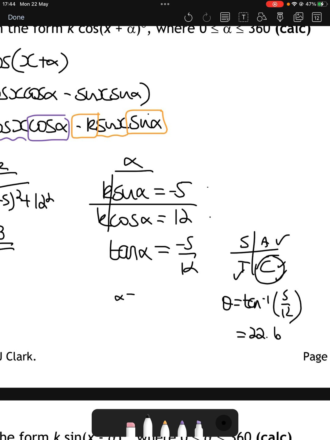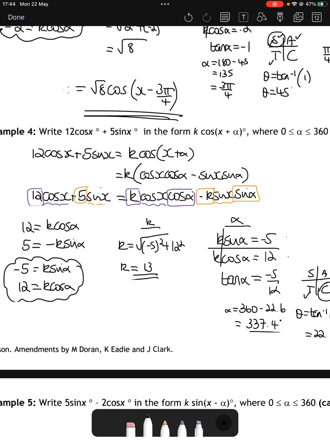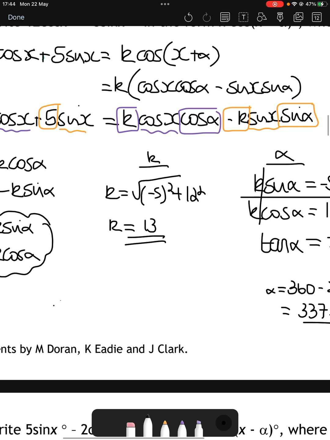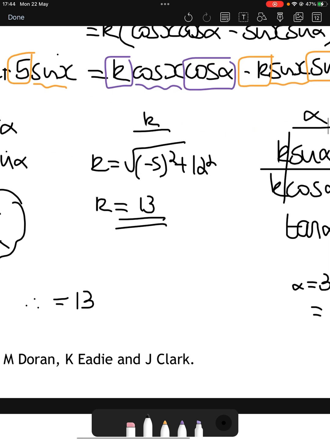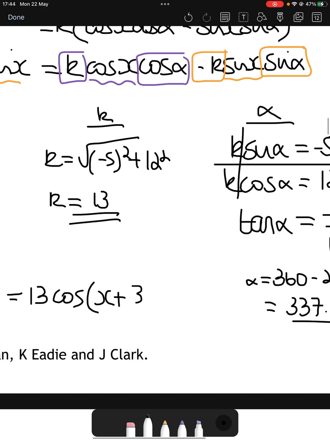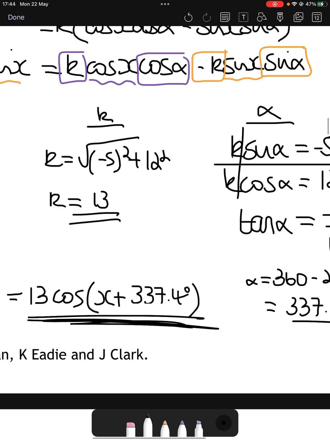So alpha is 360 minus that, because we're working in that quadrant. 337.4. So what's our answer to this one? So therefore equals, you can write the whole question out if you want. Right, we had k, which was 13. We had k cos x minus our angle 337.4 degrees. Forget the degrees, it's okay.